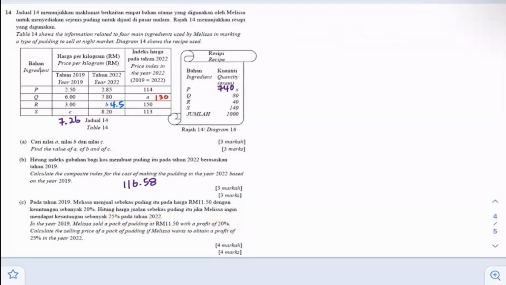So to calculate the production cost, the profit will be equal to the selling price divided by the production cost multiplied with 100.